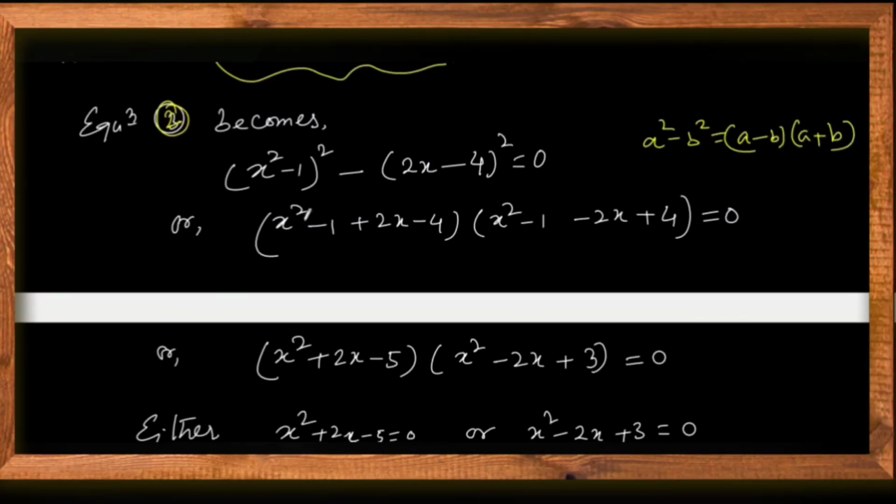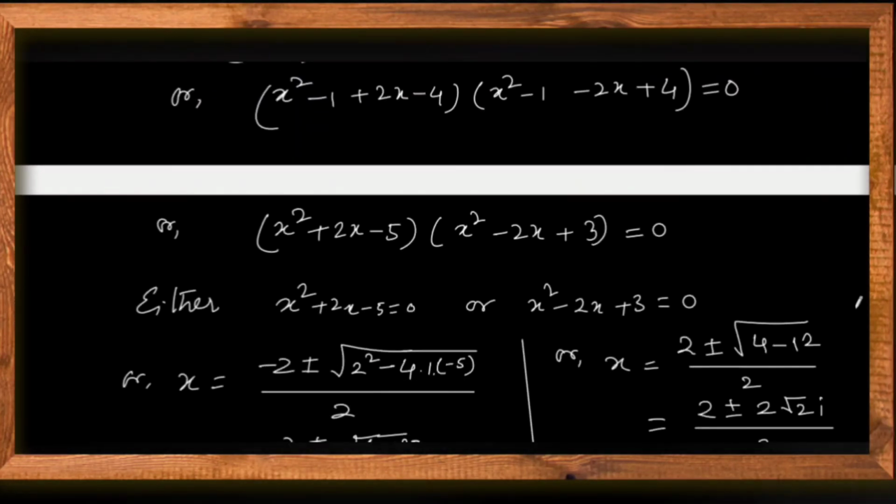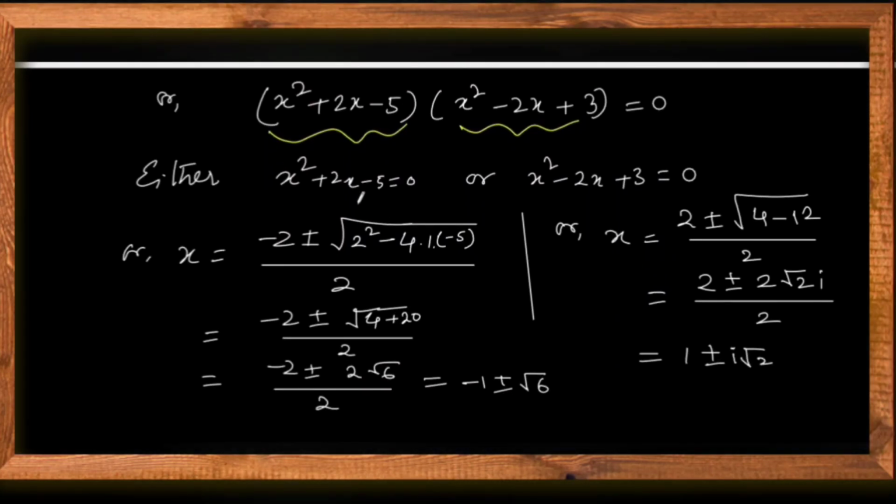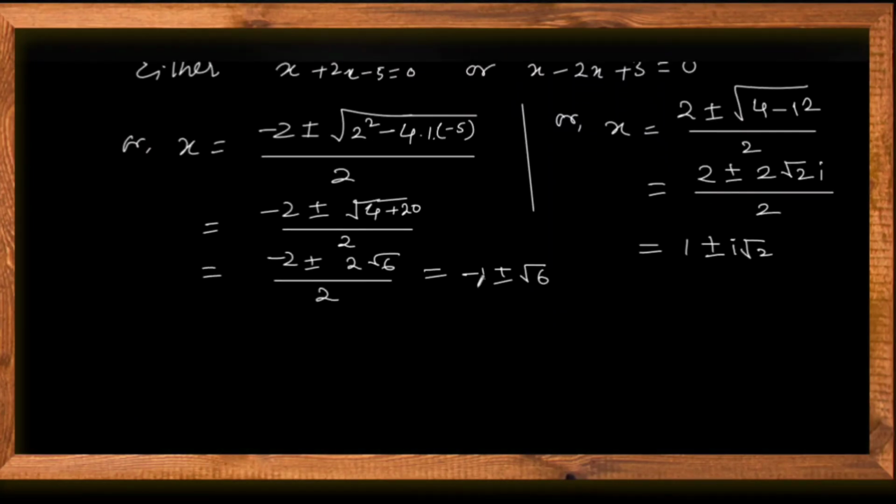So similarly here, (x square minus 1 plus 2x minus 4) and (x square minus 1 minus 2x plus 4). We can write this as the product of two quadratic polynomials, and we can easily solve this by the Sridhar Acharya formula. So from here, x is minus 1 plus or minus root 6, and from the other equation we get 1 plus or minus i root 2. And these four values are the roots of the given equation.